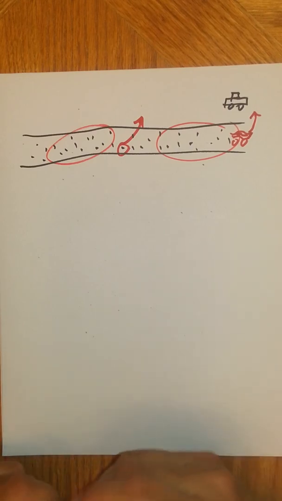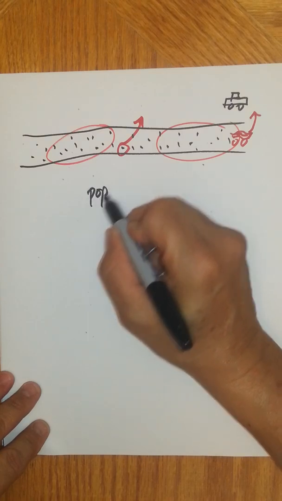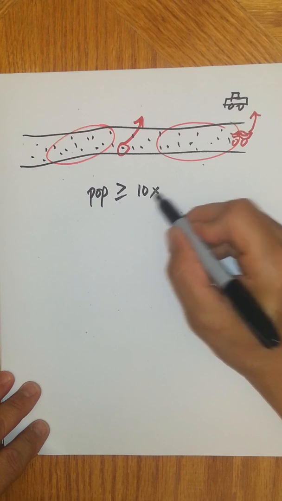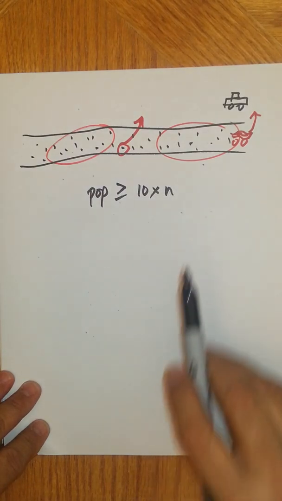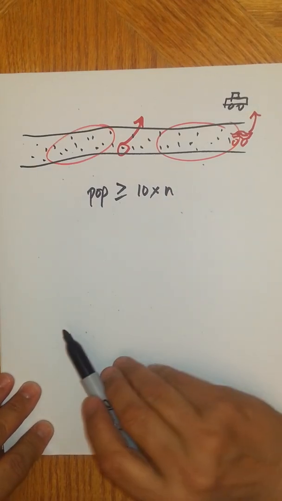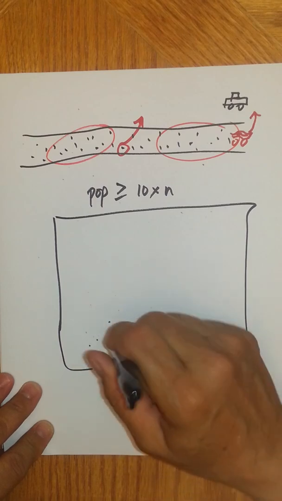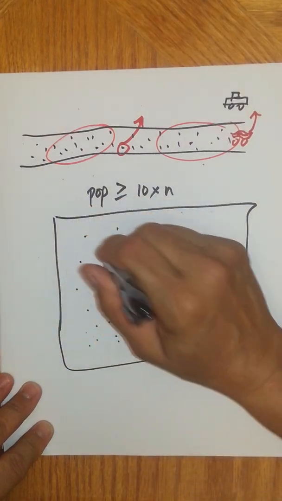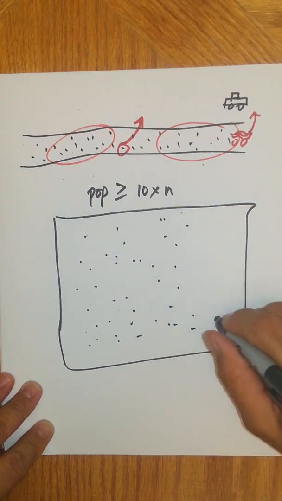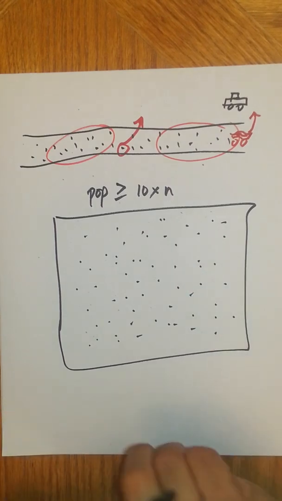So as long as your population is more than 10 times your sample size, then it doesn't matter that these people are now, in a sense, contaminated. So the idea is, if I have a very large population, and yes, one person can influence another person because they actually see what's going on, it doesn't matter.